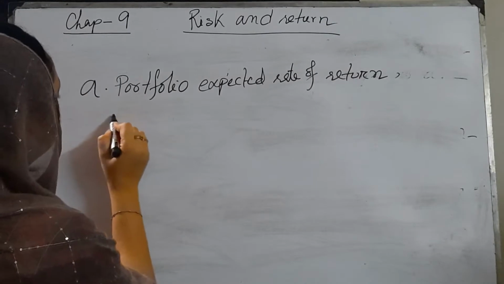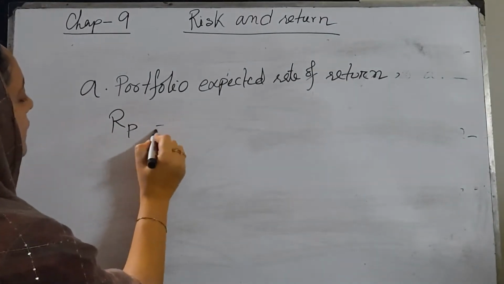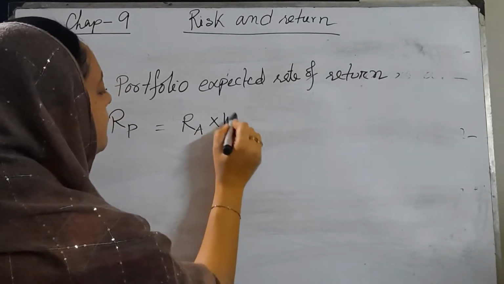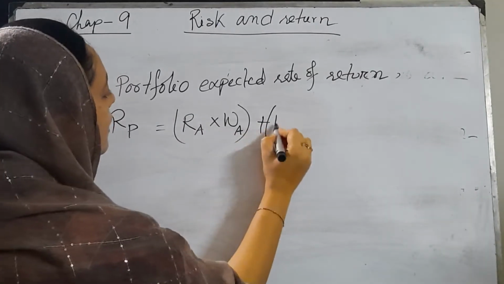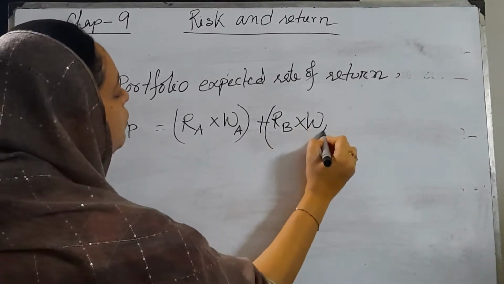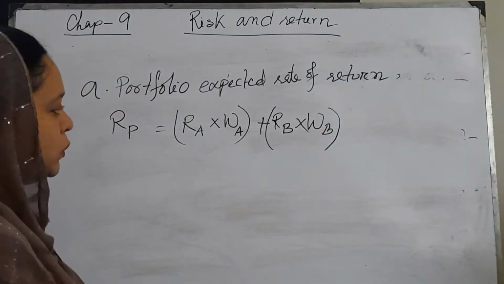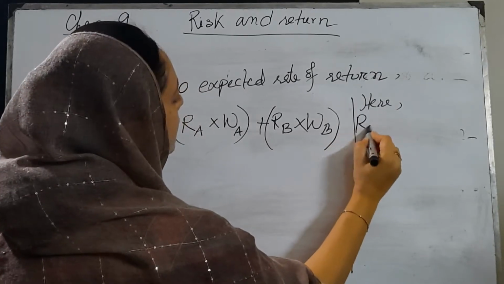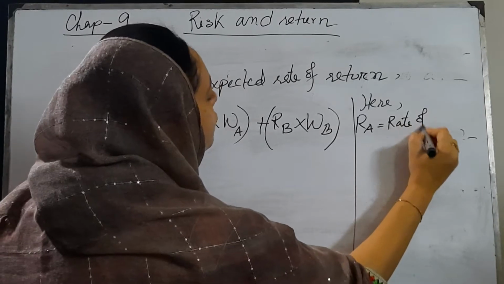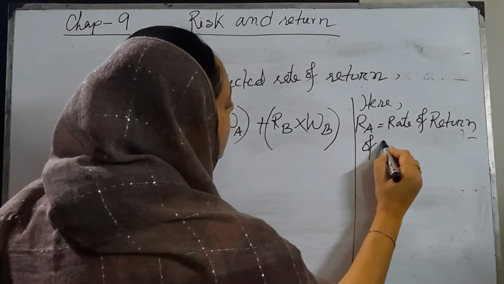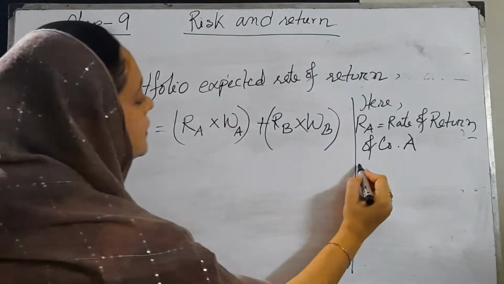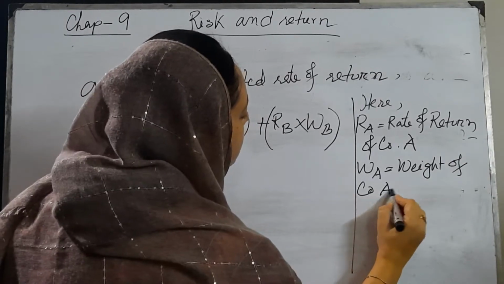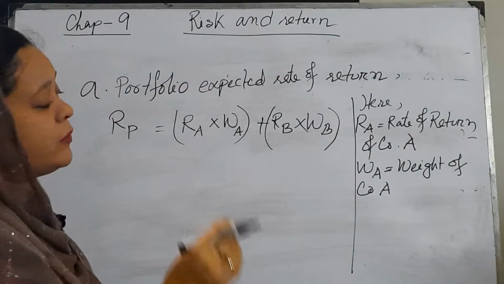It's called portfolio RP and the formula is RA multiply WA plus RB multiply WB. Here, RA and WA, RB and WB are given. RA equals the rate of return of project A or company A, and WA is the weight of company A, and we can write down the amount here also.